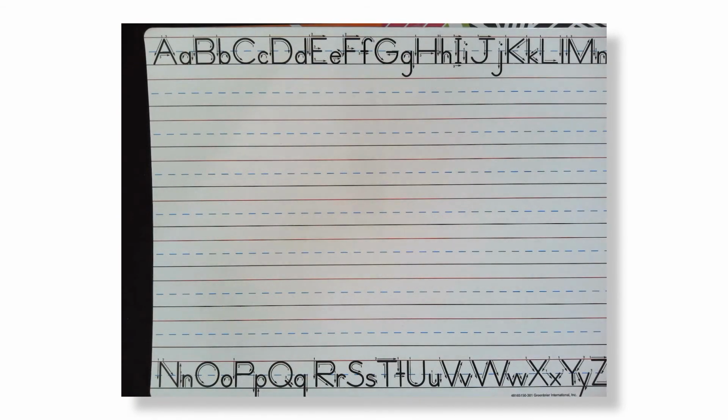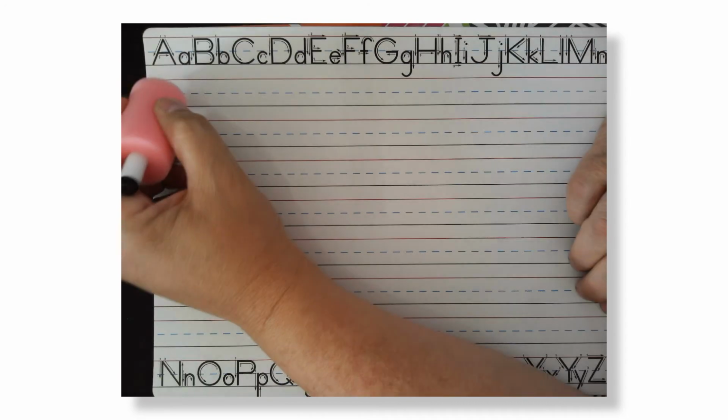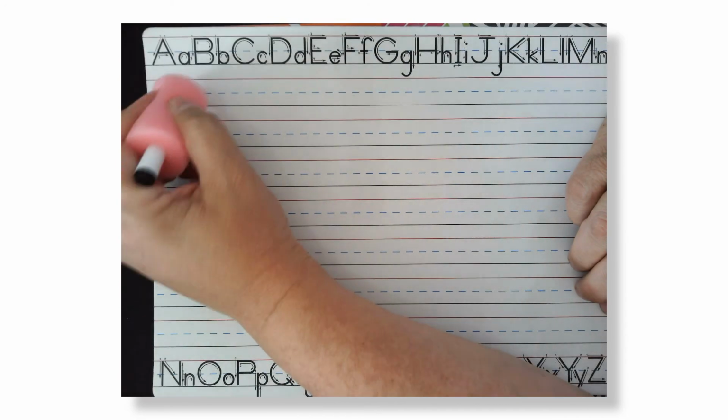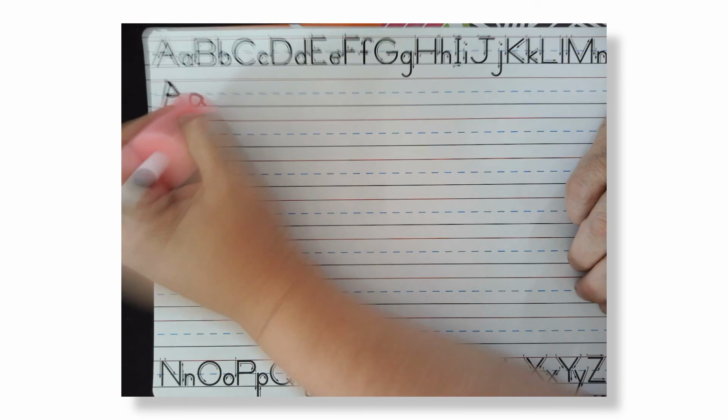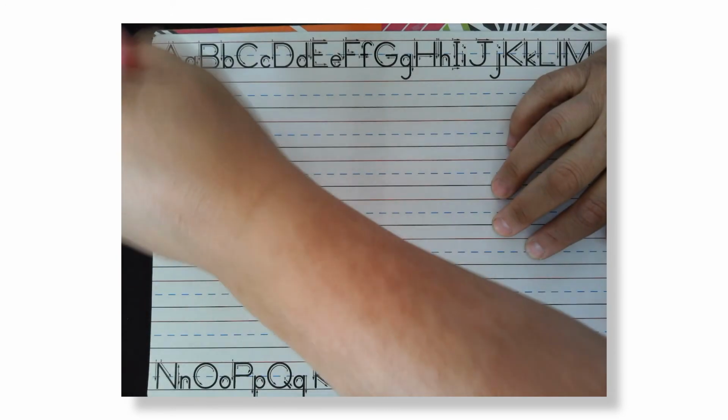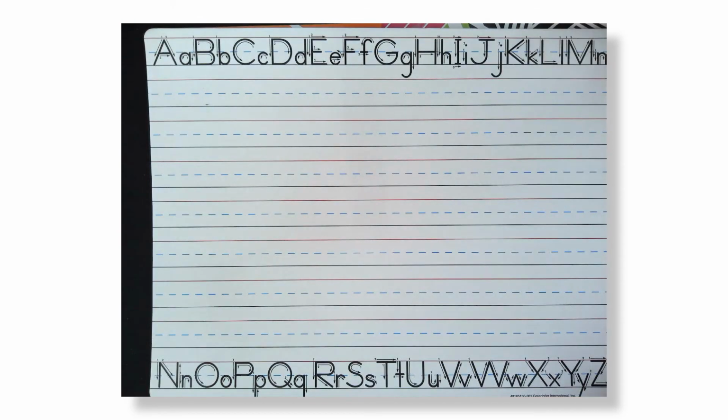Now this is your standard wipe-off board and 2 lines with a dotted line. I purchased this at the dollar store and it works just like any other wipe-off board. You can erase it. I will use this not only for writing, but I'll also use it for math.